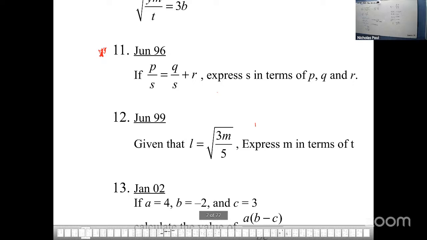Take your time, right? The answer is not a simple answer. Online, you have to message your answer. Or you can send it on WhatsApp if you want. But you can message your answer.